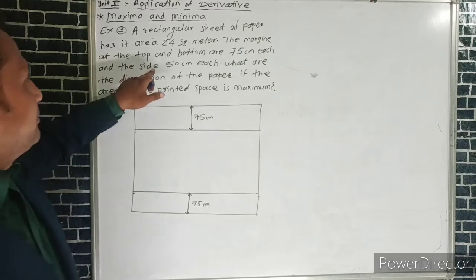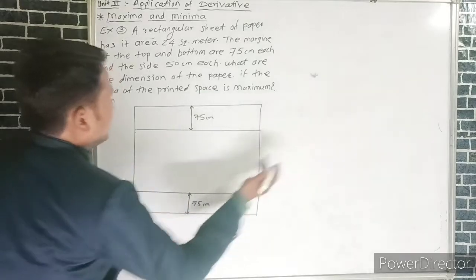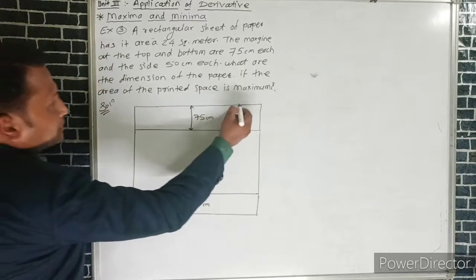And the sides are 50 centimeter each. Side means both sides, the left hand side and the right hand side, are 50 centimeter each.